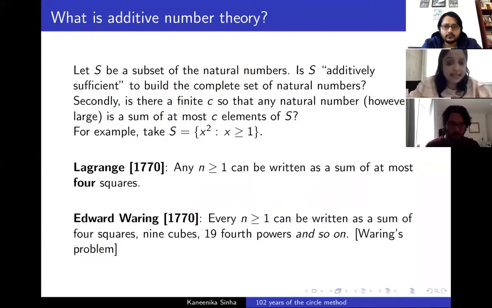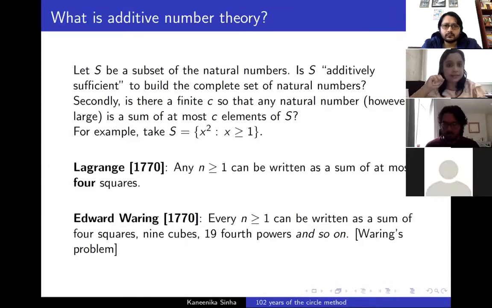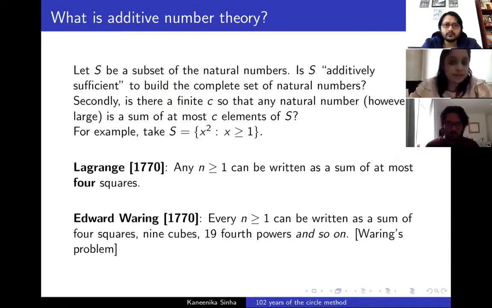So what he's indicating is that if you take S to be the set of kth powers for a fixed natural number k, then that set is additively sufficient to build the entire set of natural numbers. And you can also find a finite C so that any natural number can be written as a sum of at most C many elements of that set of kth powers. And when he says and so on, this is what he means.